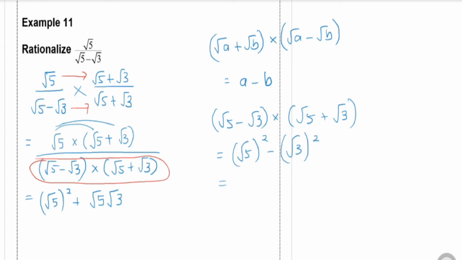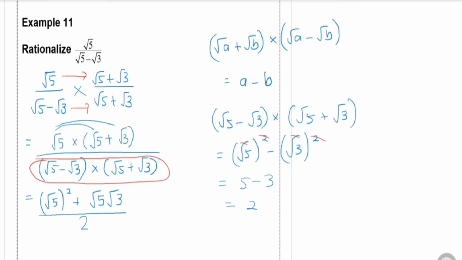So just cancel the surd and the square, so it will be just 5 - 3, which is 2. So our denominator will be a rational number, which is 2. We have eliminated the surd in the denominator.